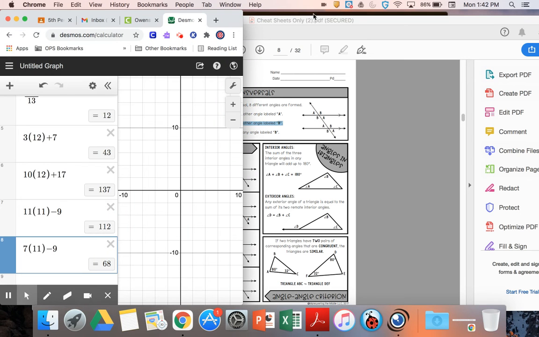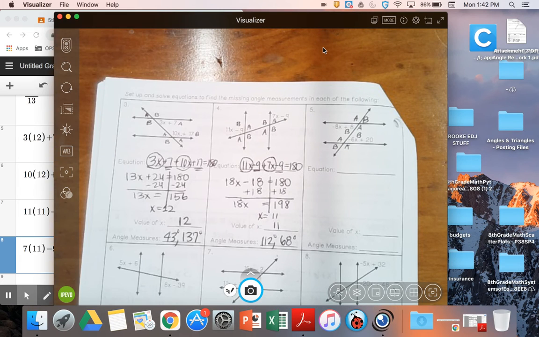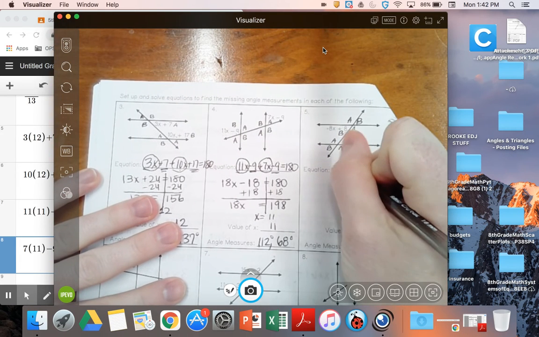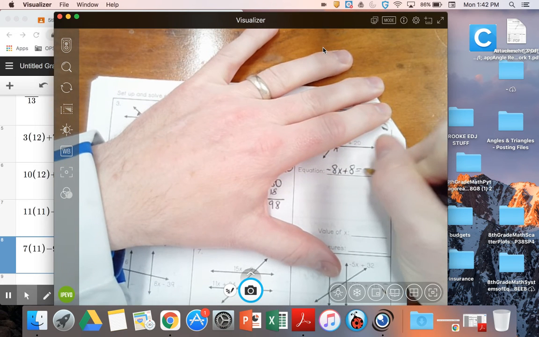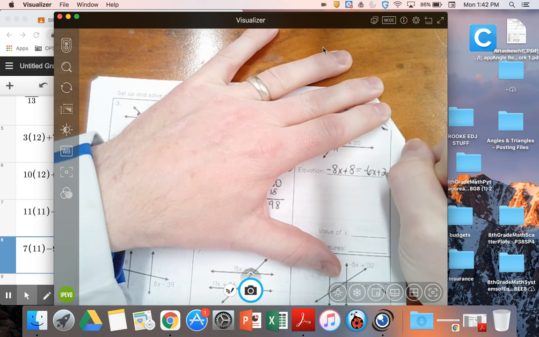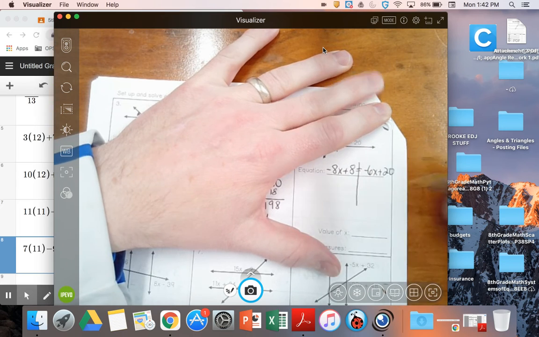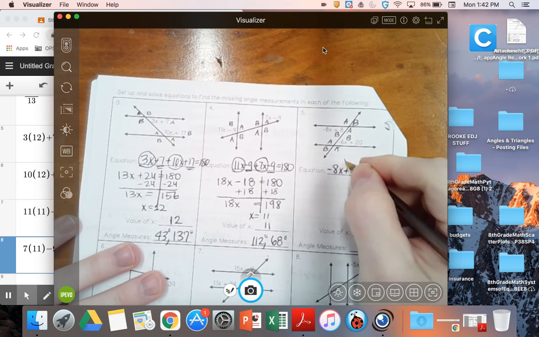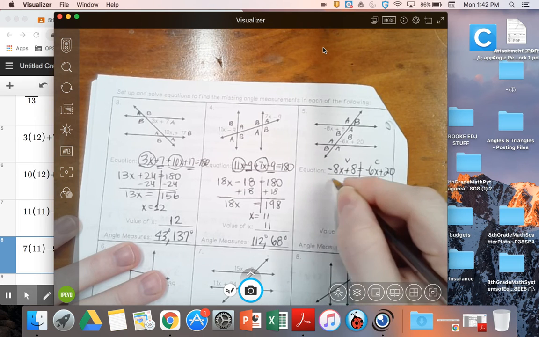So this is how we set this one up. We've done this one just like number 1. Since they're equal to each other, we just set these together and we solve. So we have negative 8x plus 8 equals 6x plus 20. Okay, and I'm just going to solve those. Variable side, constant side. So I'm going to move my variable to this side.